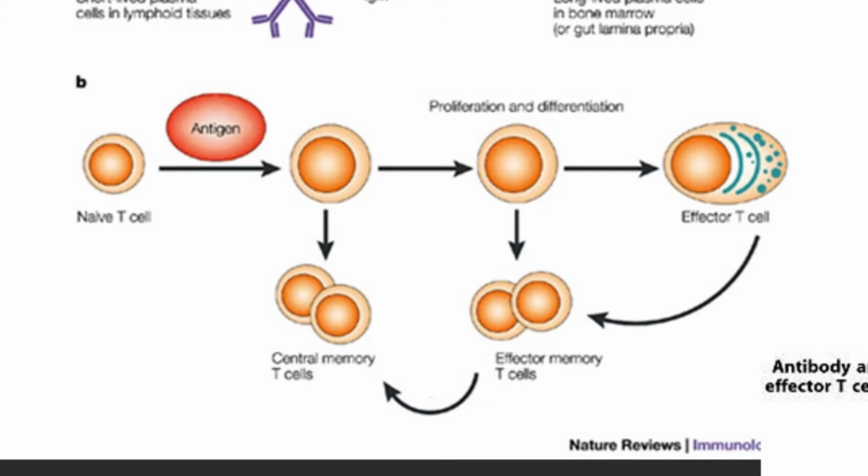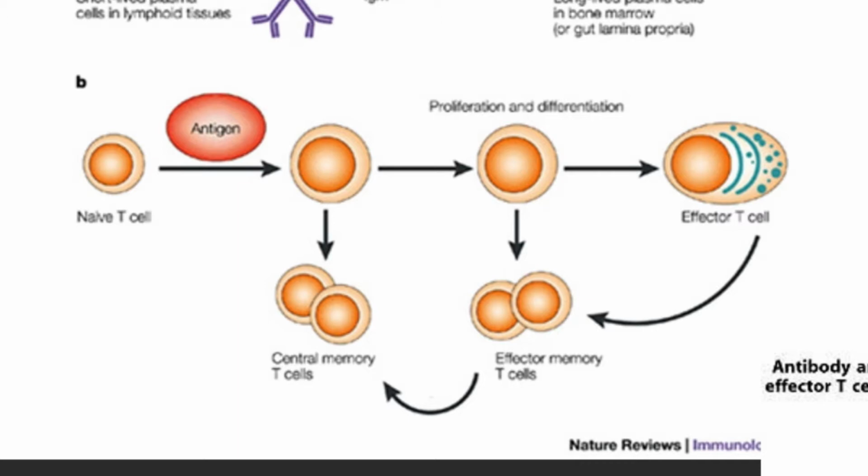Remember that naive cytotoxic T cells will receive antigen from all body cells via the MHC class 1 molecule, because their CD8 molecule binds to the MHC class 1, whereas helper T cells, which have a CD4 T cell receptor, will interact with the class 2 MHC molecules of only antigen presenting cells, which we talked about in chapter 17 as being those dendritic cells, macrophages, and B cells that were discussed in detail there.